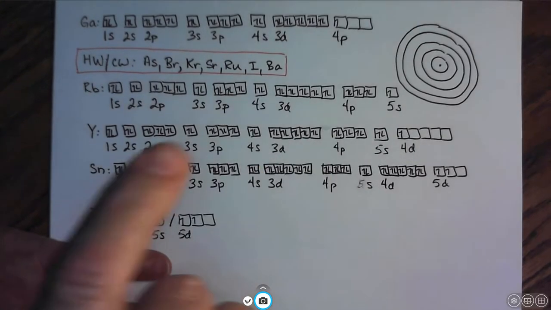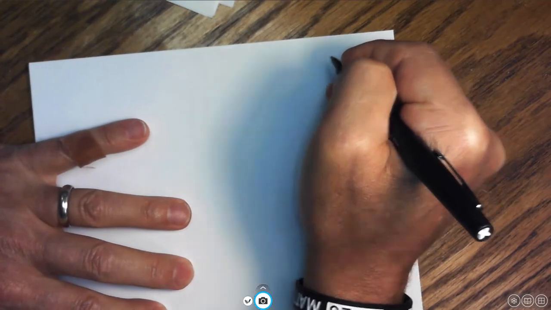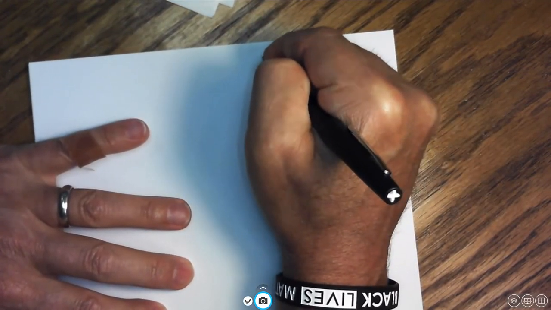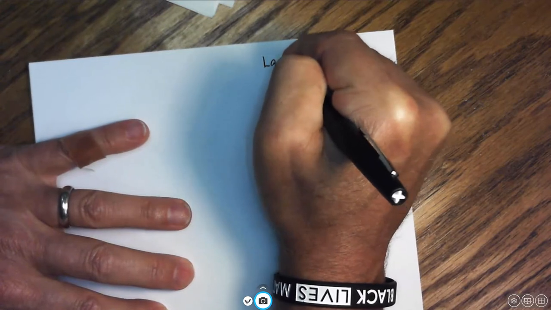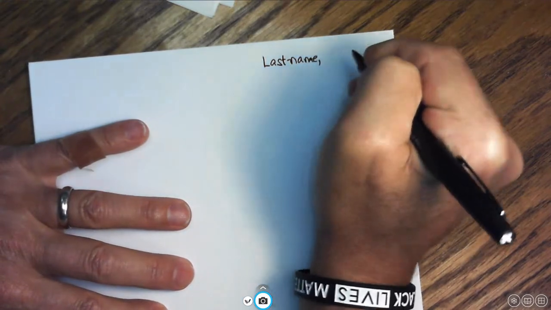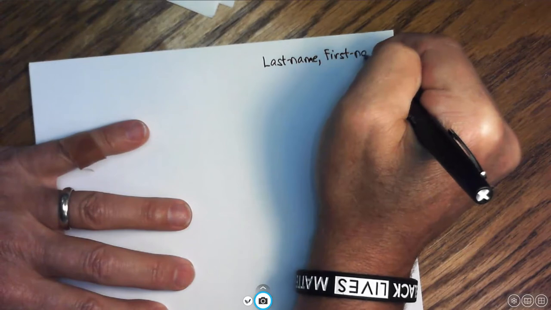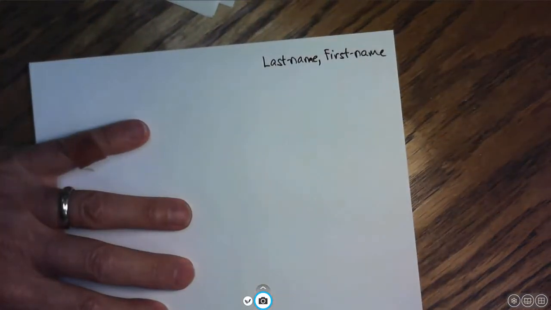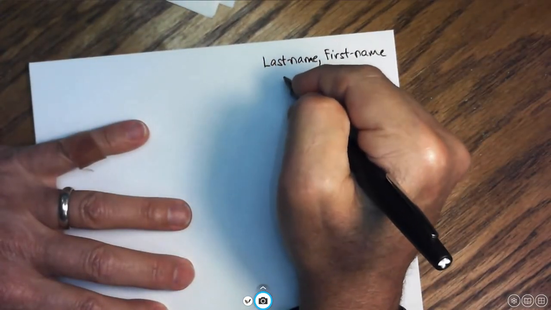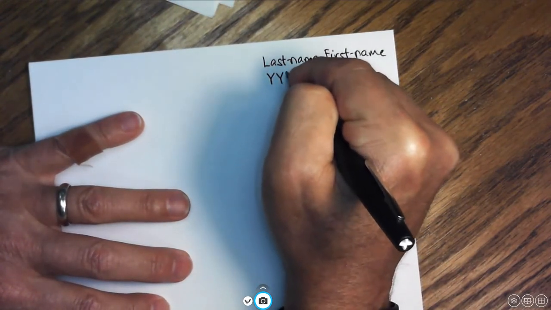Make sure your name is in the upper right hand corner. On paperwork, when you turn in papers, that's just something written on paper. You need to put your name in the top, last name, first name. That's what we always do, last name, comma, first name. Okay. And then you want the date, and the date format is always 4-digit year.